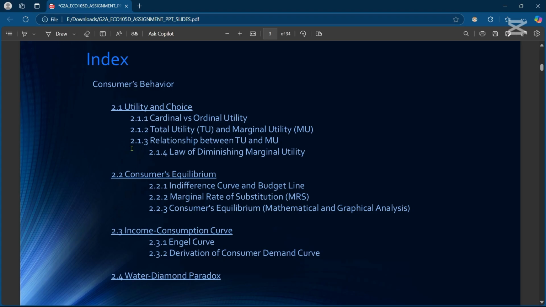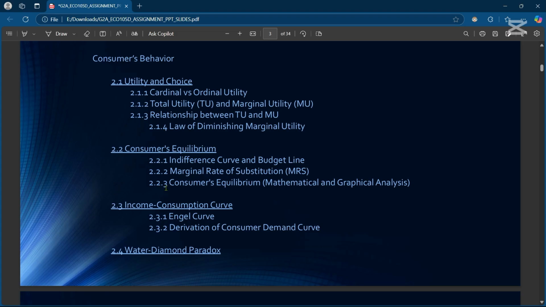paradox. In utility and choice, we have cardinal versus ordinal utility, total utility TU and marginal utility MU, the relationship between total utility and marginal utility, and the law of diminishing marginal utility.